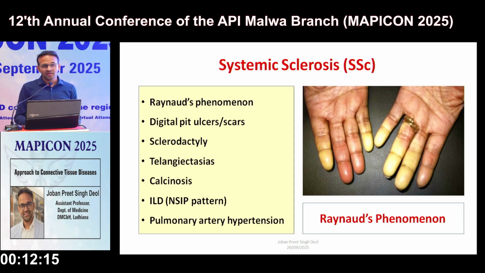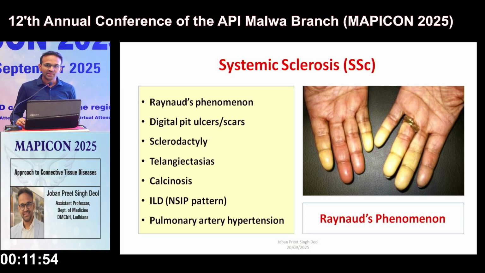Many patients, particularly those who live at high altitude, in Himachal or Jammu and Kashmir, do have this bluish discoloration of fingers. But when should you start suspecting that it is a connective tissue disease? Primary Raynaud's, which occurs at high altitude, which is a normal thing, usually occurs in less than 20 years of age, and usually there is a positive family history.